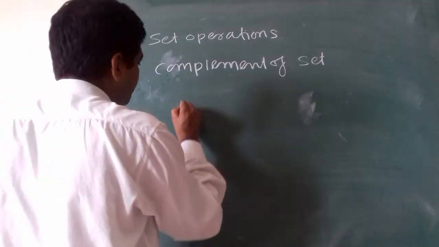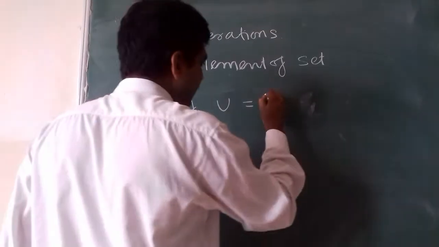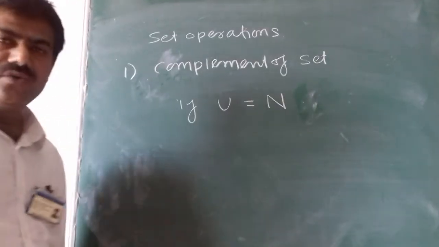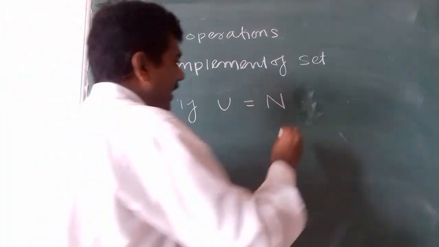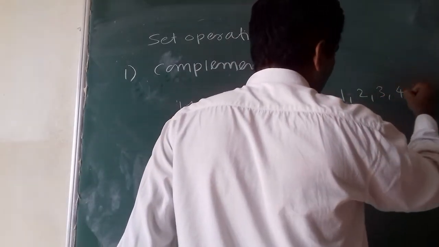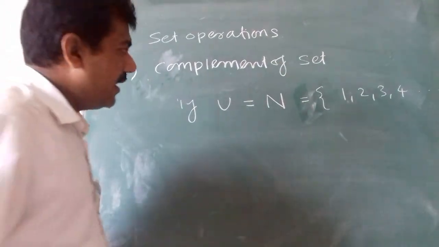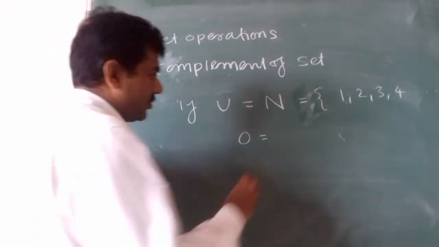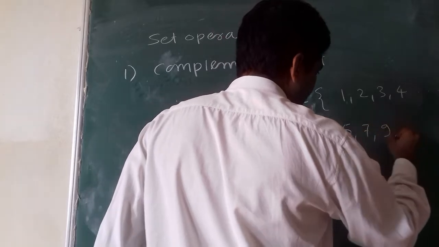So we see some remarks or notes regarding this. If capital U, the universal set, is capital N, that is, for our discussion let capital U be equal to capital N, the set of natural numbers, containing the elements 1, 2, 3, 4 and so on. And capital O is the set of odd numbers 1, 3, 5, 7, 9.